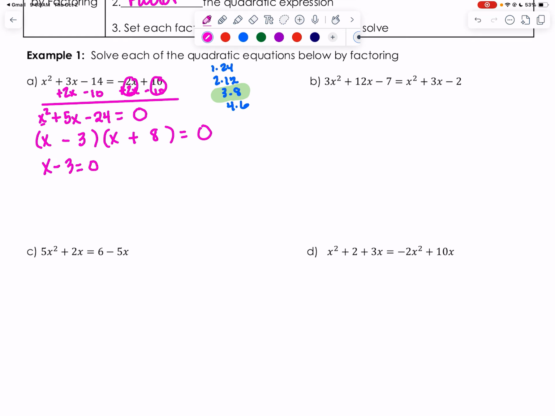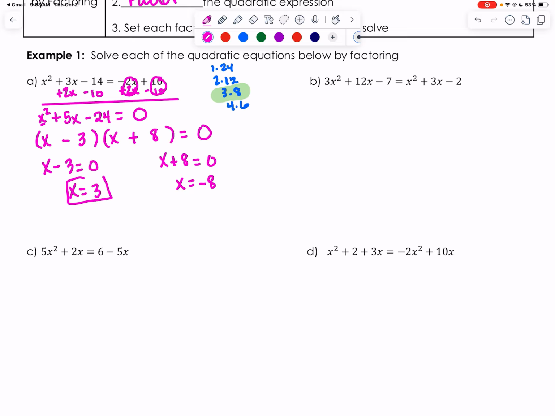So I'm going to take the first factor, x minus 3, make it equal to 0. And then I'll take the second factor, x plus 8, and make it equal to 0. So to solve this, I'd have to add 3 to both sides. So x, 0 plus 3 is 3. And over here, I'll have to subtract 8. So 0 minus 8 is negative 8.